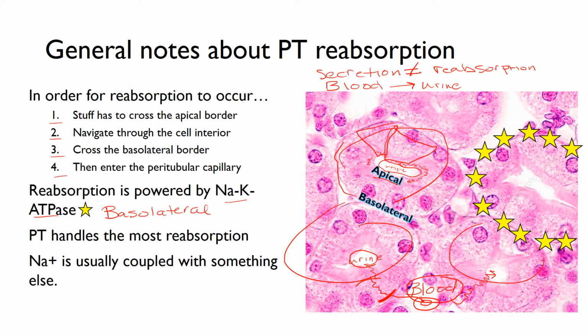Assuming it doesn't get reabsorbed elsewhere, it would just flow on down through the lumen of the nephron and eventually into the bladder. So that is what our secretion is. It is not the same thing as reabsorption. And you could essentially reverse these steps on the left here, and that would account for secretion.